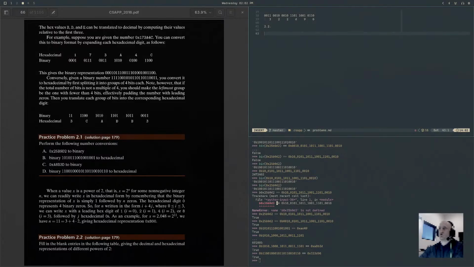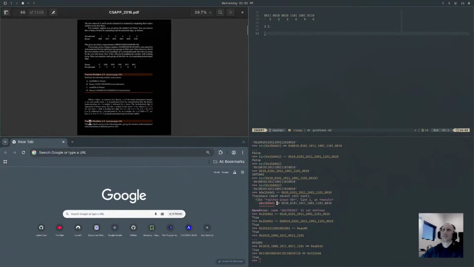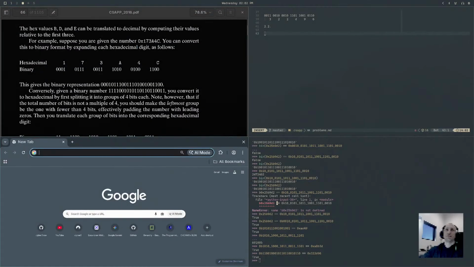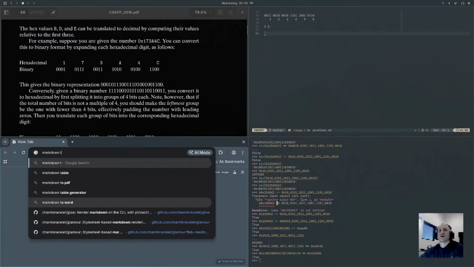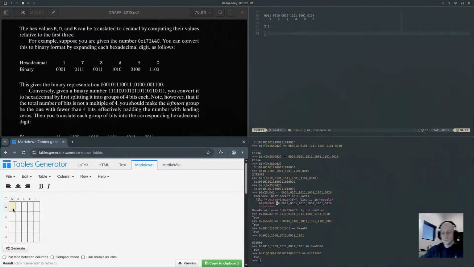So we have a table. I'm just going to do like let's generate a markdown table. Markdown table generator. Looks good. We have 3 columns and 7 rows.